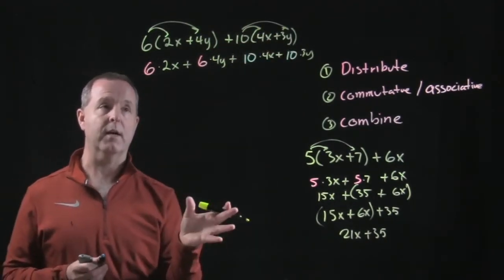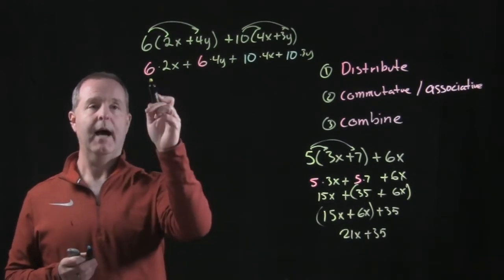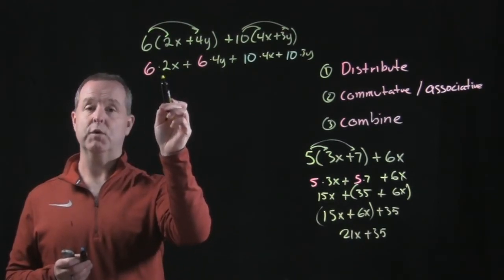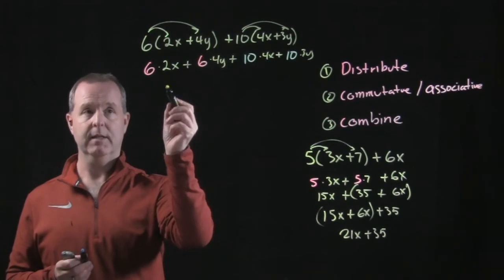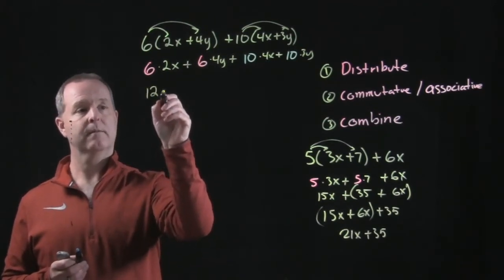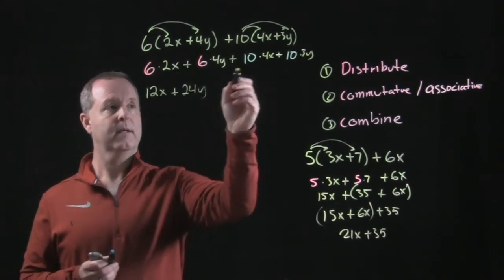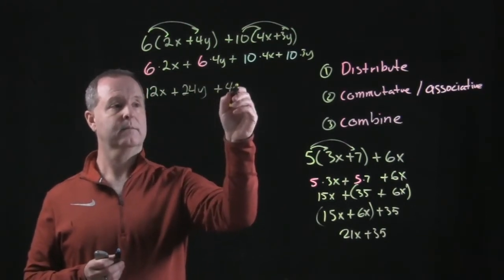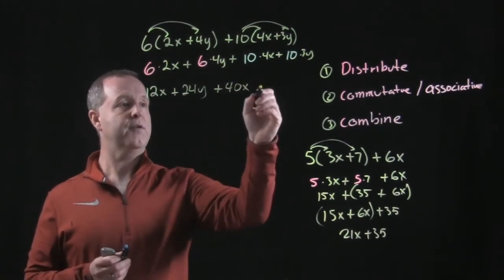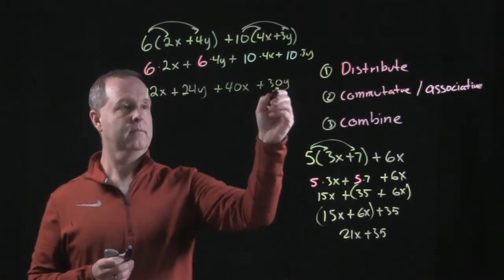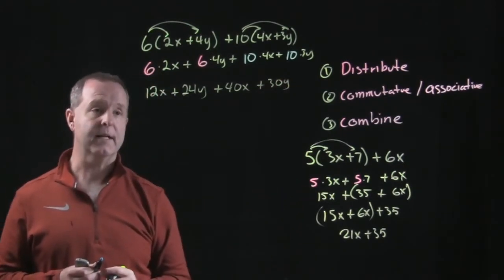From here, I'm going to go ahead and associate terms. I can multiply my 6 into 2 and associate those first in this multiplication. So this becomes 12x plus 24y plus 40x plus 30y. I'm going to group these in a different order.